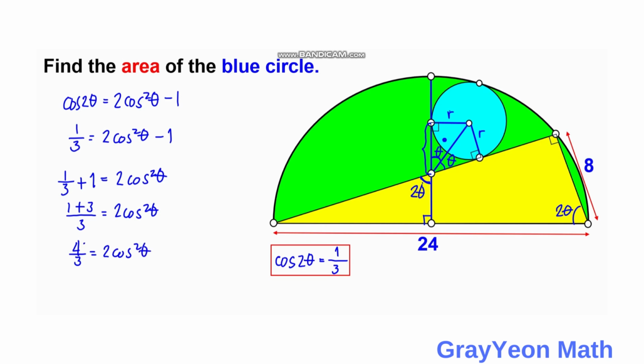We can cancel the 2, so cosine squared theta is 2/3.